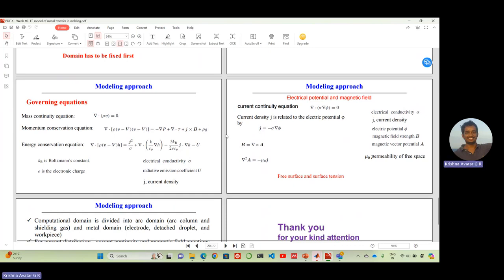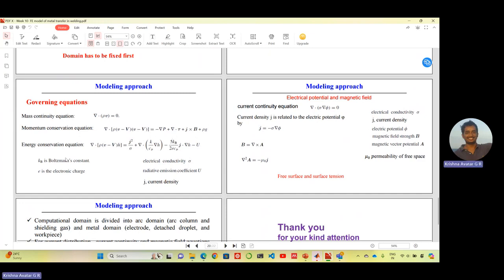There is no transient term, we are assuming our problem to be steady state in nature. So that's the reason. It's just that partial rho by partial t happens to be 0. And for the momentum conservation equation, that is what happens.